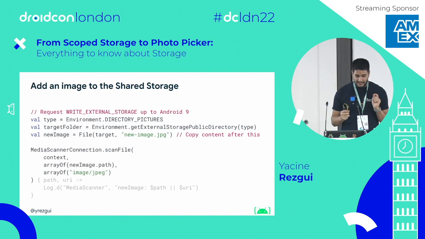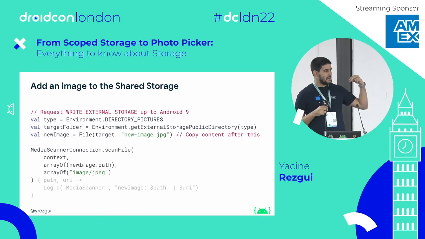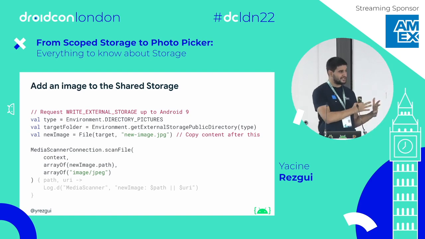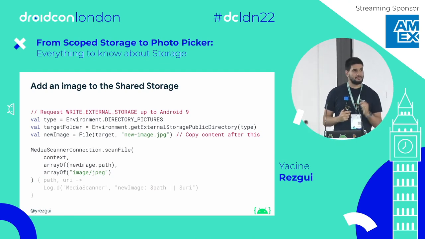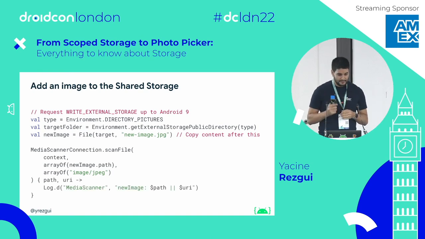That's because MediaStore hasn't found that file yet. So what it does is, I think up to Android 9, when it's charging in the right conditions, it will try to scan for new files. But if you want to make sure the files you've added are visible to other apps, you can call MediaScanner to tell MediaStore, hey, please scan this file, it's important, I've just added it, do not forget it.